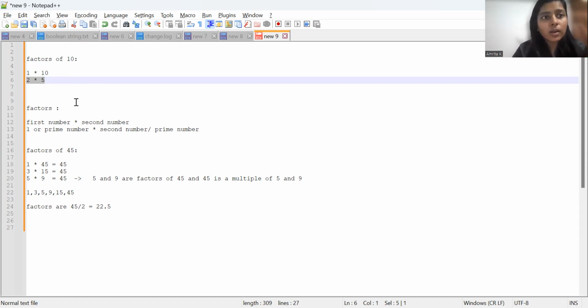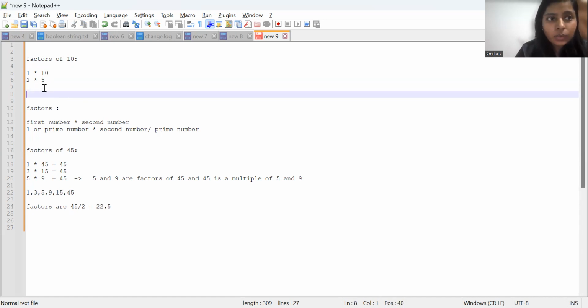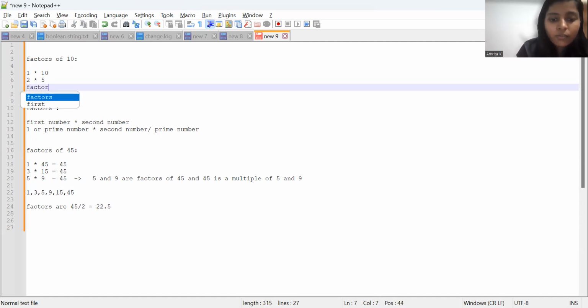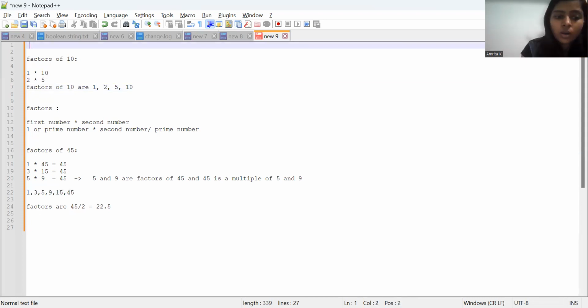So from these lines, we get to know that factors of 10 are 1, 2, 5, 10. So 10 has four factors. Therefore, it is a composite number and it is not a prime number. Also, we got to know that 1 is neither prime nor composite.